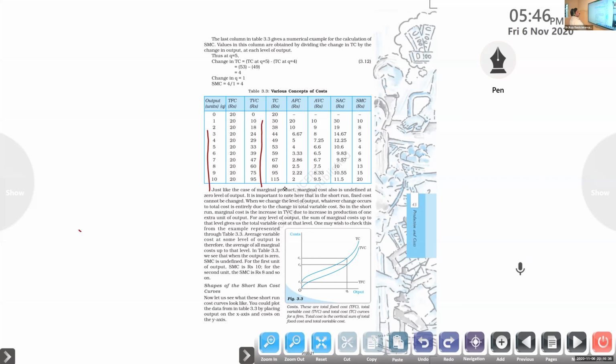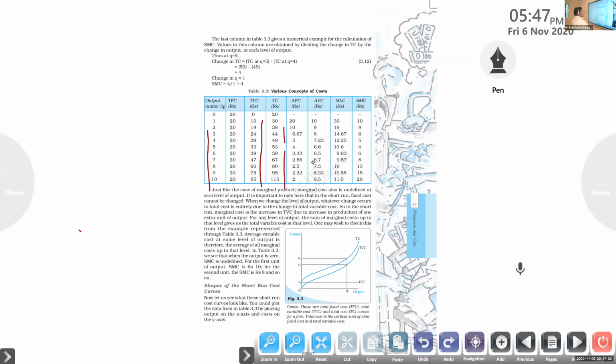So clearly we can say that AFC, up to a level it is increasing, then it will decrease, right? Yes or no? Is that correct, what I told? See here, AFC.